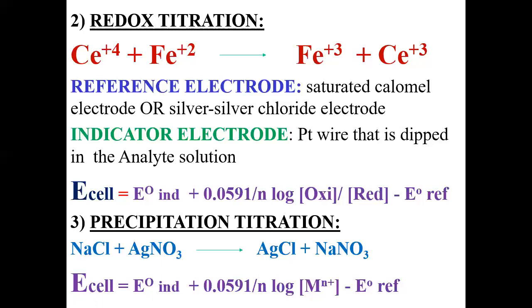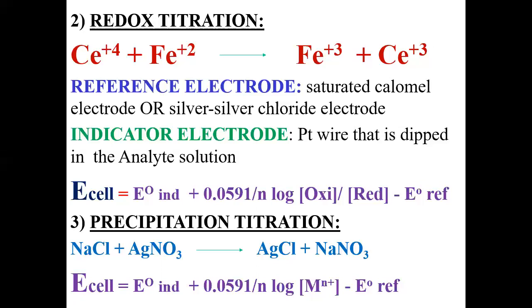For example, if there is NaCl solution in the beaker, we add from the burette the silver nitrate solution.